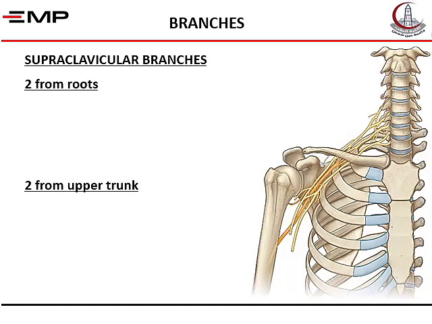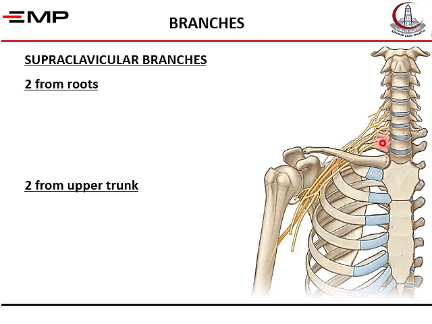Now we will study the branches of the brachial plexus. At first, we will start with the branches arising above the clavicle in the neck. There are 2 from the roots and 2 from the trunks, actually from the upper trunk only.